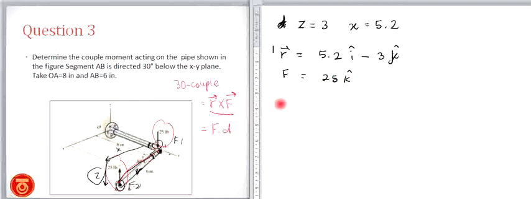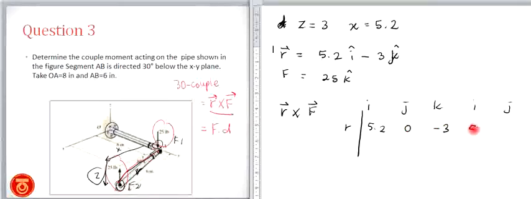So for this cross product, you will have R as 5.2, 0, negative 3, and F as 0, 0, 25.